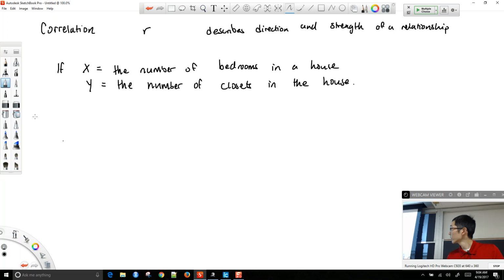What is a reasonable value for r? And we'll assume a linear relationship. This is very important that I include this. So what is a reasonable value for r?